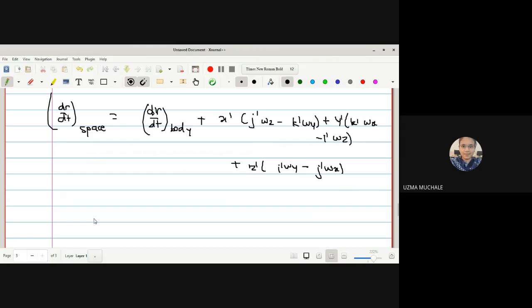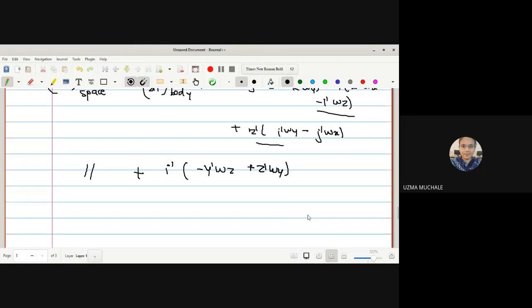Now we will take i', j', k' common. Let me keep this as it is, plus keeping i', j' and k' common. If I take i' common, wherever you have i', you have to keep it common and write the terms: this is minus y' wz plus z' wy, plus keeping j' common, with a negative sign, z' wx minus x' wz, plus k'.